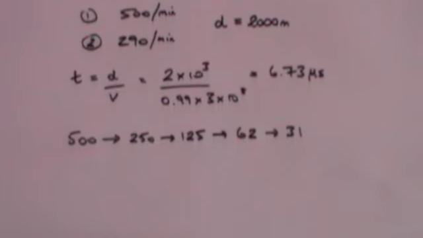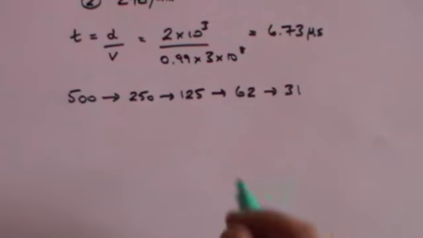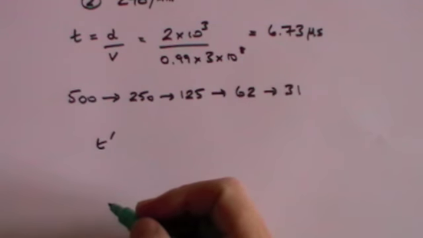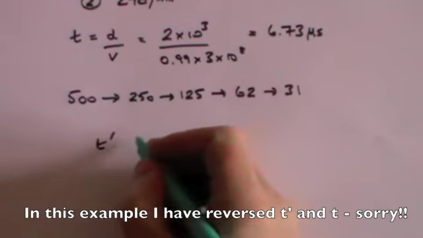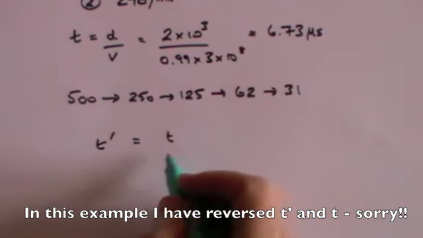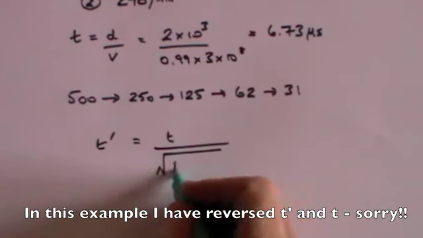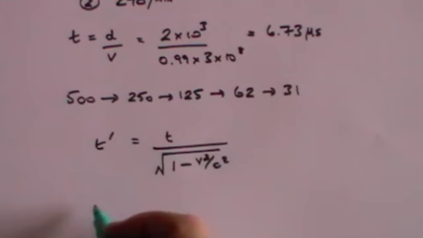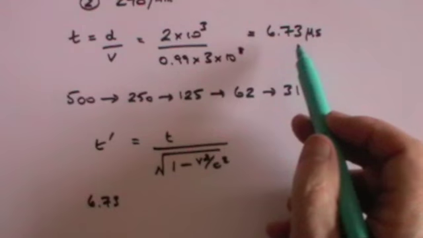And we can now see why. We can apply the same formula that we did before, t prime, which is the time we measure, is equal to the time that the muon measures, divided by the square root of 1 minus v squared over c squared. Well, the time we measured was 6.73 microseconds.